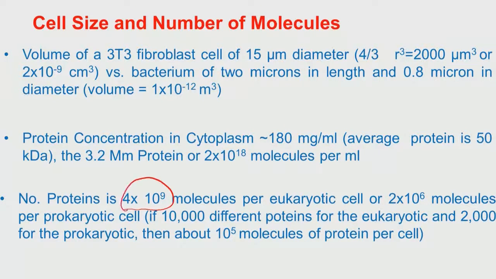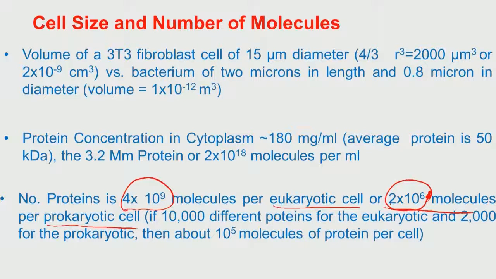A typical eukaryotic cell has 4 into 10 to the power 9 protein molecules, whereas a prokaryotic cell has a little less, simply because prokaryotic cells have a much smaller cell size.